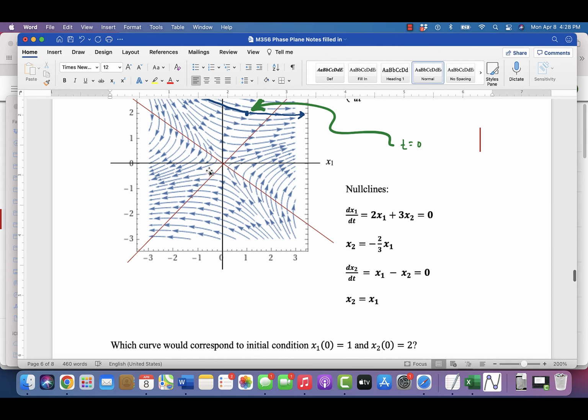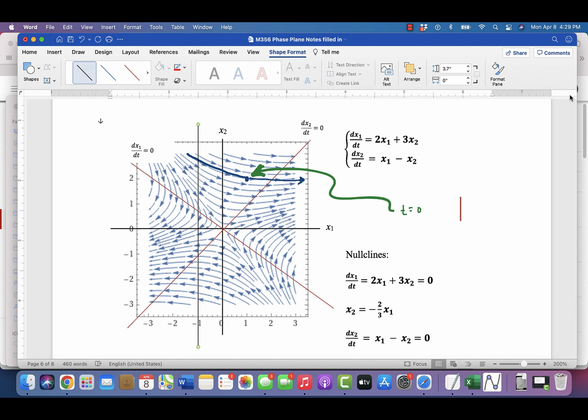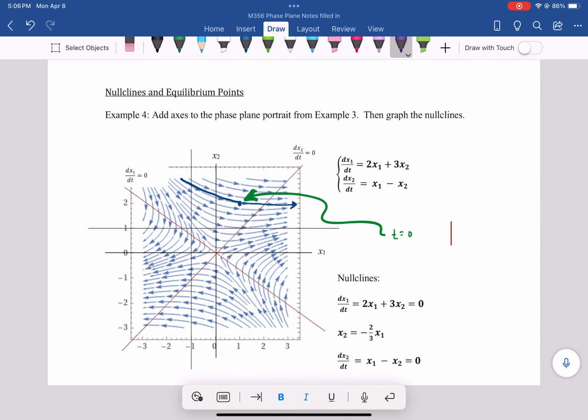So I'm going to use my trick of putting verticals and horizontals in to find out where that spot is. Okay, there's our vertical going through x-coordinate negative 1. And there's our horizontal showing us where x2 equals 1.